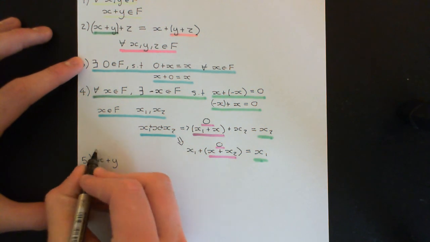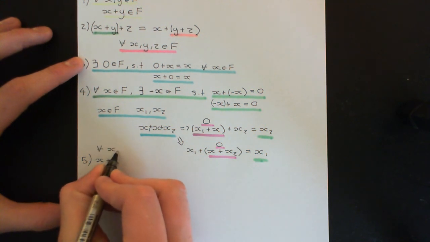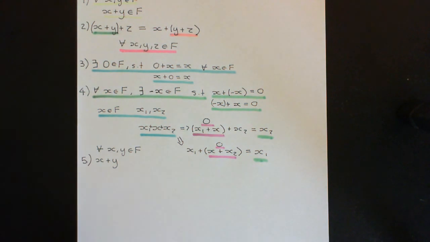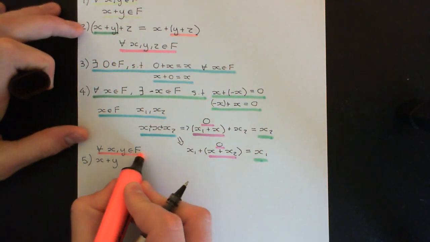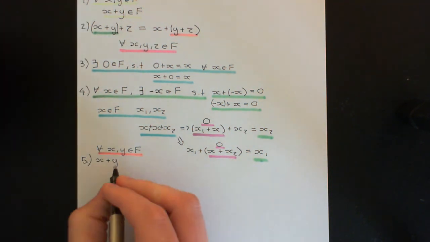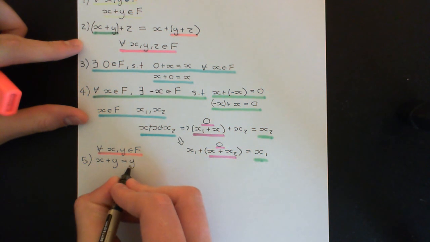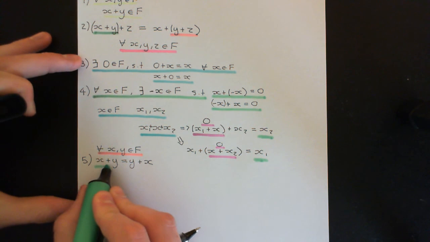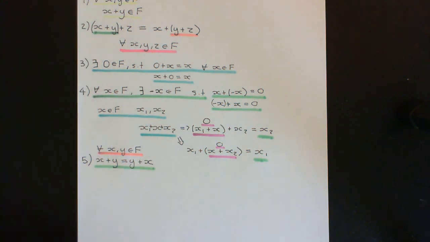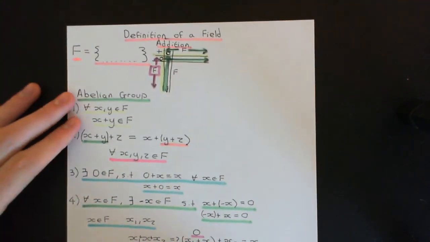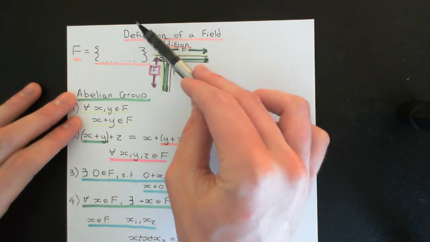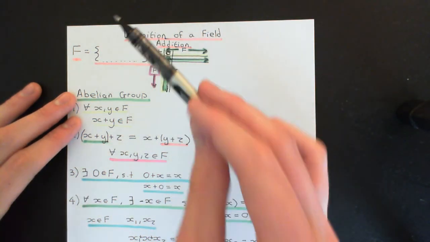This says that for all little x and little y that you can possibly pick from the field capital F, it must be the case that if I add little x to little y, the answer is the same as if I add little y to little x. What that basically says is that our addition composition table is symmetric down the diagonal line. So if I have the diagonal line there, it's beautifully symmetric down that diagonal line.